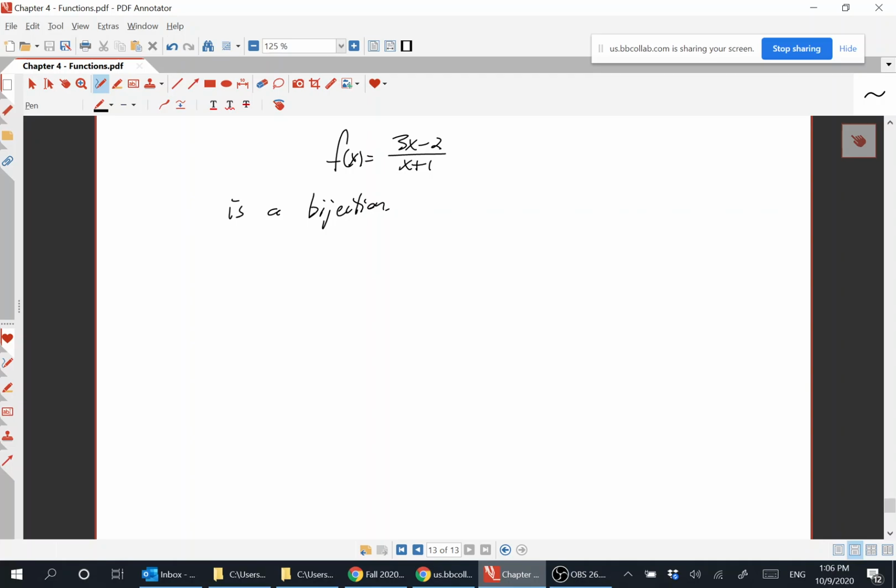When you have a bijection, you have an inverse function.